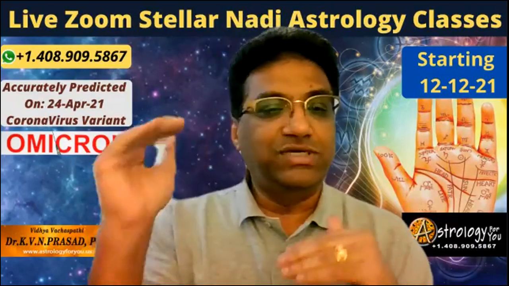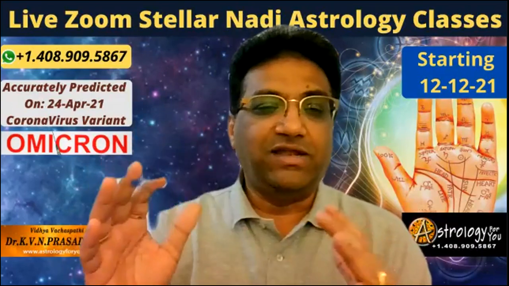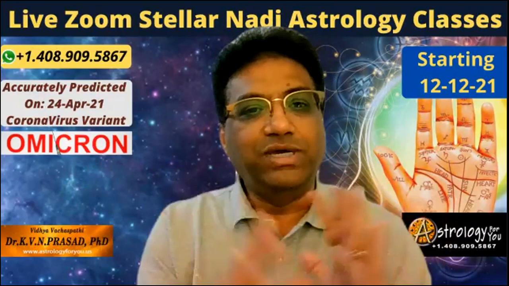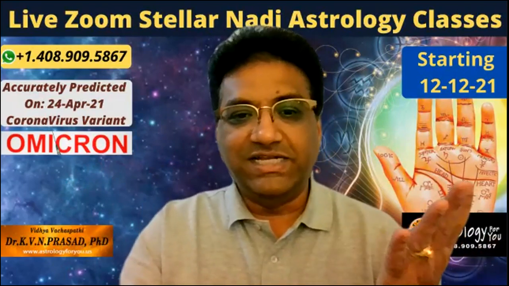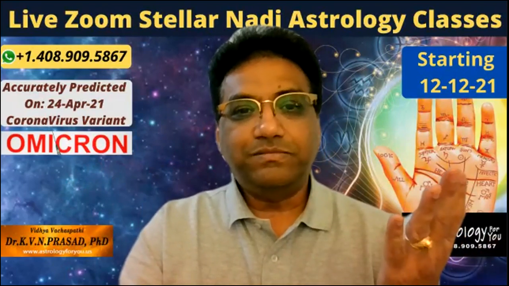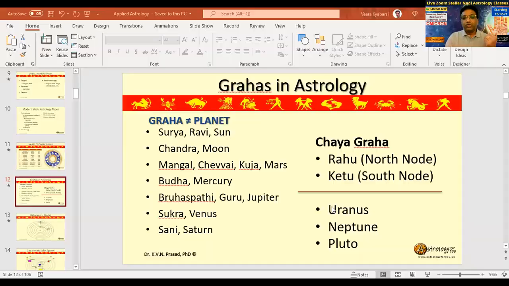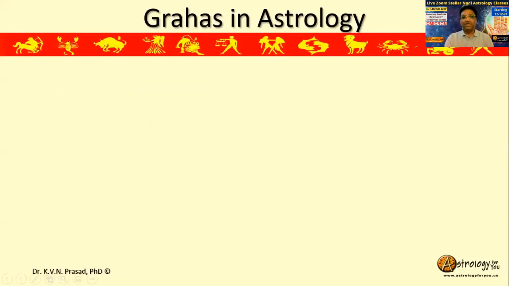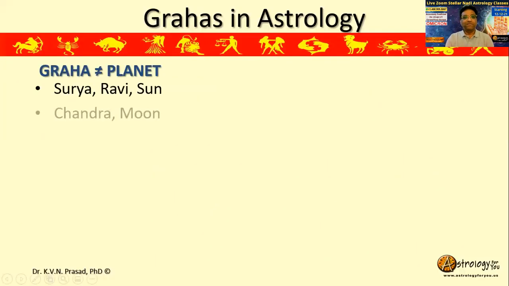I'm just sticking to these 7 planets and the 2 Chaya Grahas, the shadow planets Rahu and Ketu. I'm getting good results here itself. So that is why I just kept it a little below. Any questions? Is it clear?